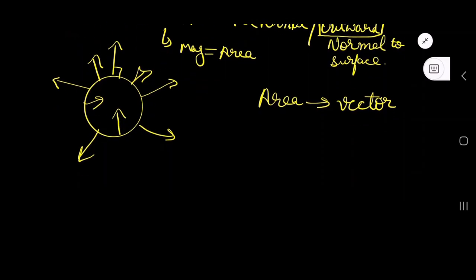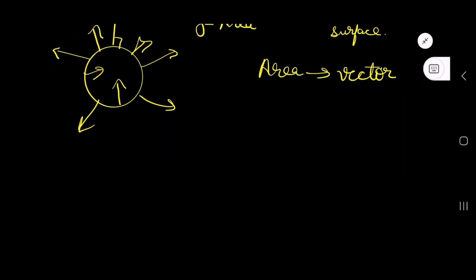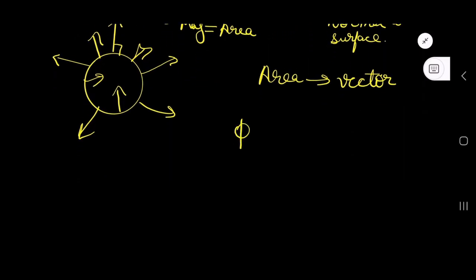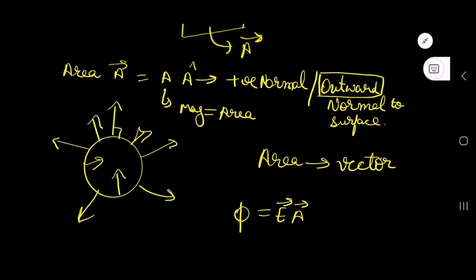Now we have seen that this flux, which we are denoting with phi, is directly proportional to, means it depends on, the electric field, right? As we are seeing, it is the number of field lines, so of course it depends upon the electric field lines. Okay, so it also depends on the area vector, and of course it depends on the angle.